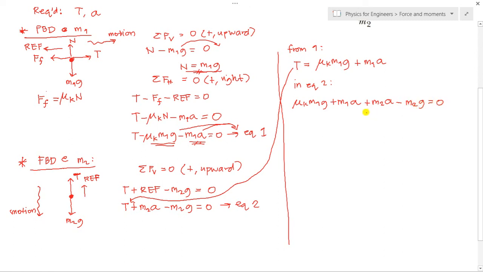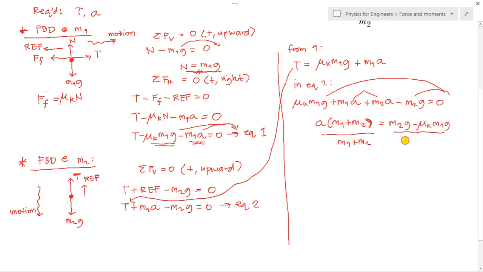Since we are solving for acceleration, we keep it and transpose the other terms. So we now have A multiplied by mass 1 plus mass 2 is equal to, this becomes positive, mass 2 G, and this becomes negative, minus mu k m1 G. Then divide both sides by mass 1 plus mass 2.